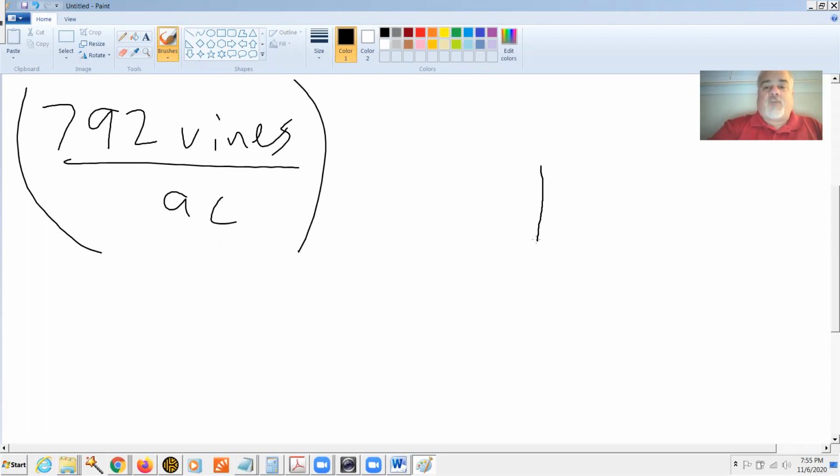So if I'm looking from above, I'm looking down, this is my trunk right in the middle, and I train the cordons, one cordon going left, one cordon going right, and here's the next trunk.